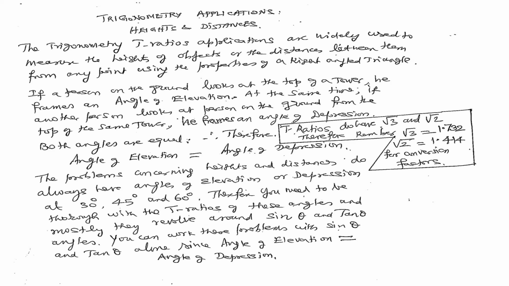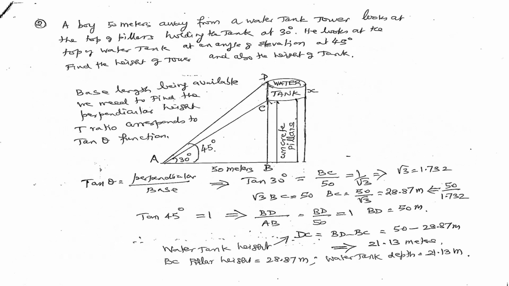Neither 0 degree nor 90 degree will come. Therefore, you need to be thorough with the T ratios of these angles, and mostly they revolve around sine theta and tan theta. You can work these problems with sine theta and tan theta alone, since angle of elevation is equal to angle of depression.